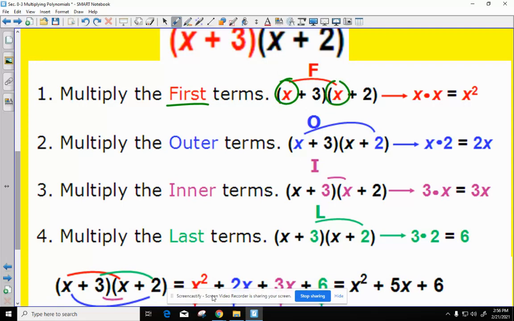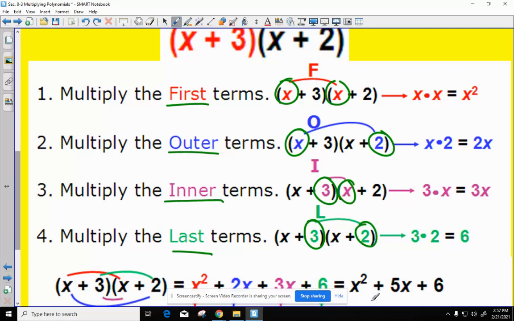Okay, the first one in each spot. Okay, the O in FOIL stands for outer, so basically the ones on the outside. Did we put those two together? The I stands for inner. Did we put the inner ones together? And then the L stands for last, the last one in each binomial. Did we put those two together?